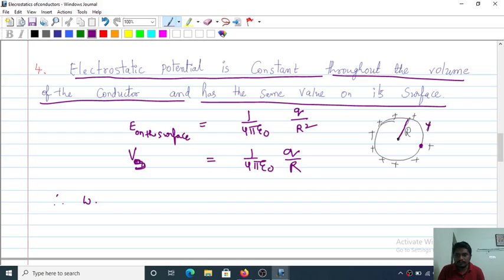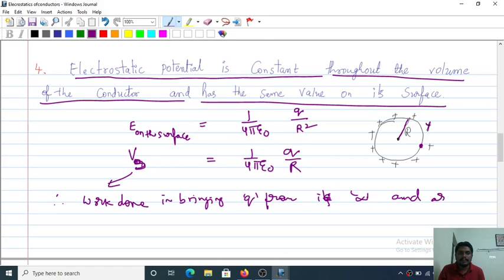The meaning of this is the work done in bringing charge q from infinity and arranging or distributing it on the surface of a sphere of radius r.